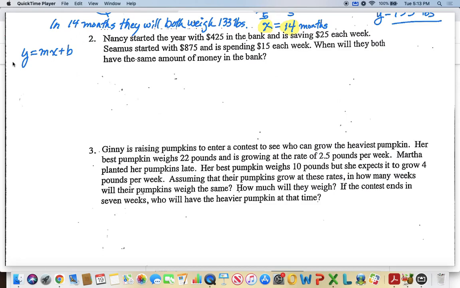This is the second problem of our Chapter 5 review on the equal values method. So we're going to be solving this second problem using the equal values method again. Remember, we need to start out with two equations in the y equals mx plus b form.